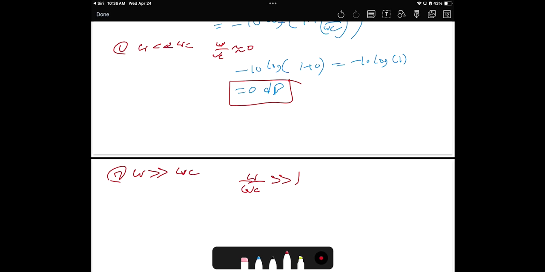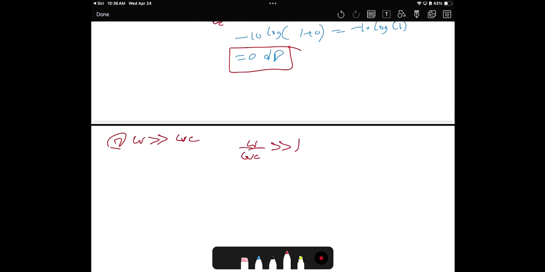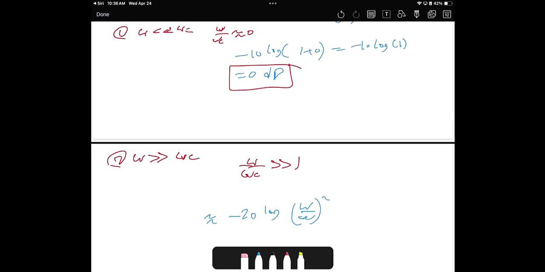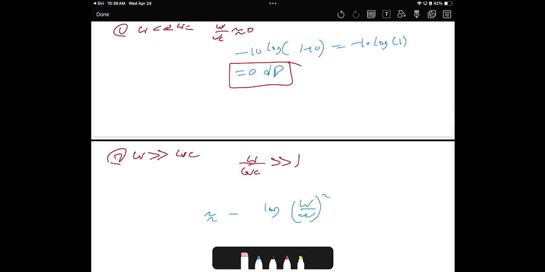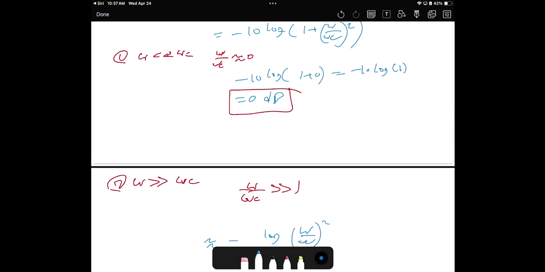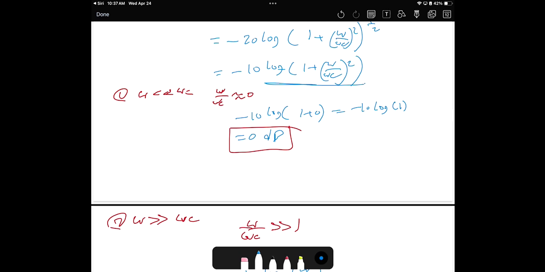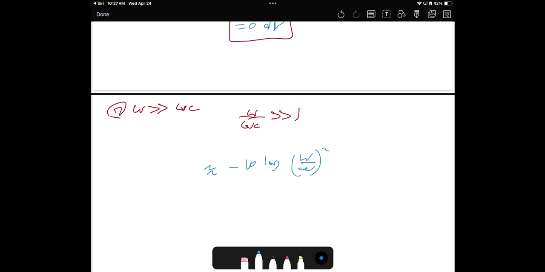So the 1 is negligible with respect to this. So we can approximate this by neglecting that 1, giving 10 log of omega over omega c, squared.